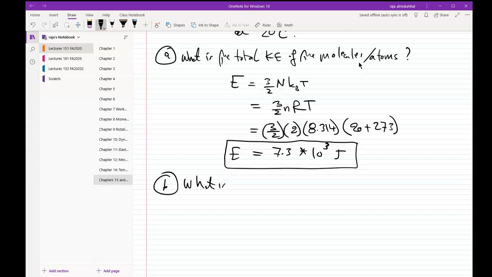What is the average kinetic energy per molecule? Molecule, not molecular. There we go. So all you need to do is divide that by n, right?